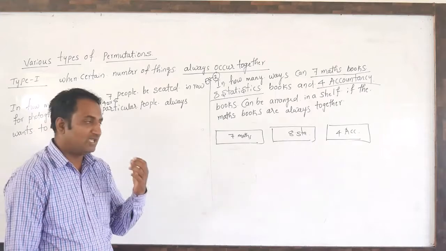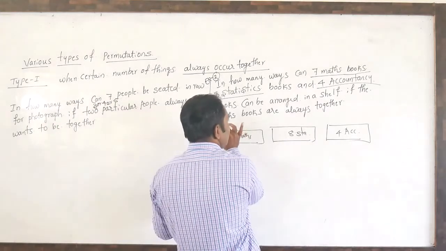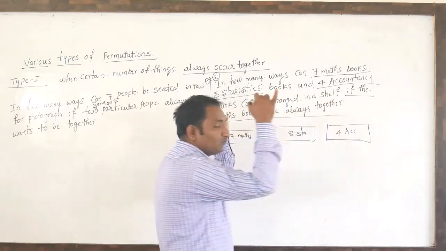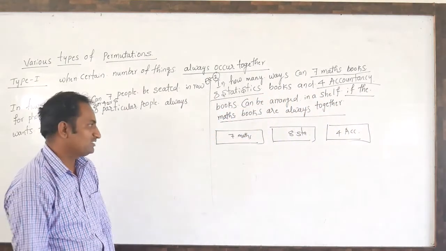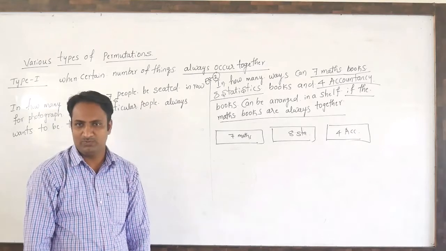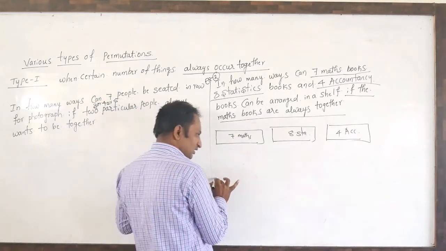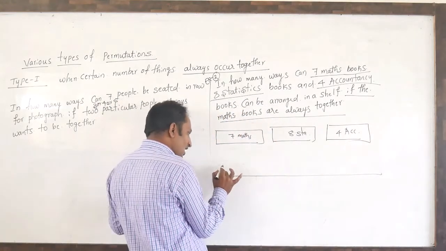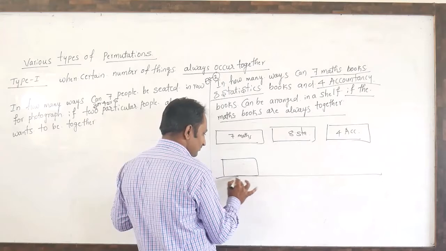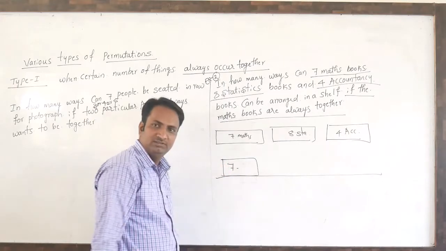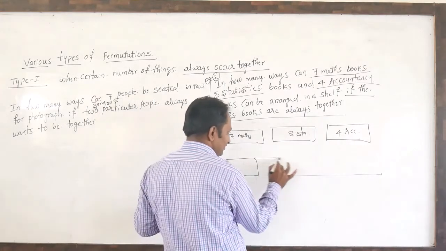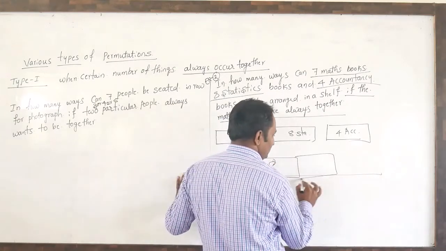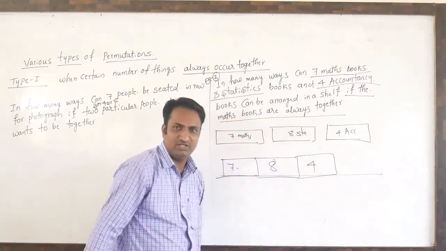Here the question is, if the maths books are always together, consider them as one. Here 7 maths books are arranged, 8 statistics books are arranged, and 4 accountancy books are arranged.